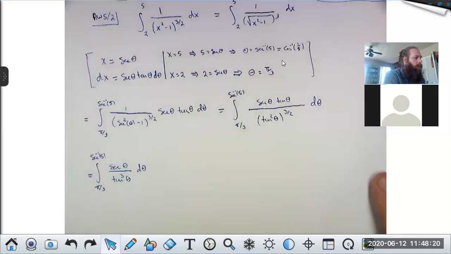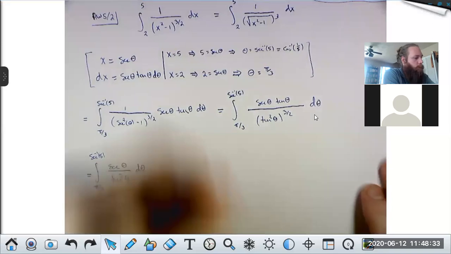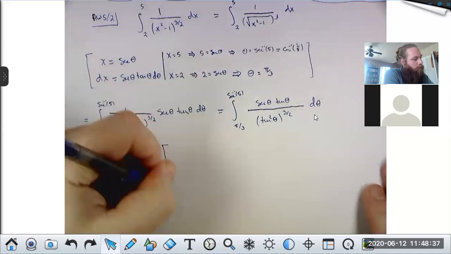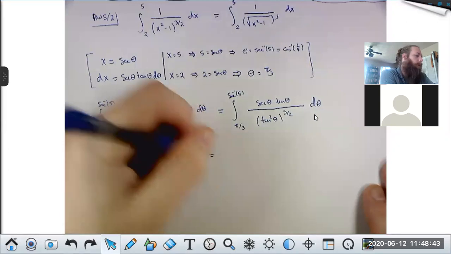And from here, I don't see an obvious path, not with it written like that. So I'm going to want to rewrite my integrand. Oh, okay. This is maybe the catch then. So tan squared theta raised to the 3 over 2. Remember what tan squared means.